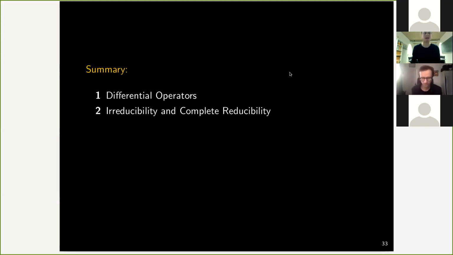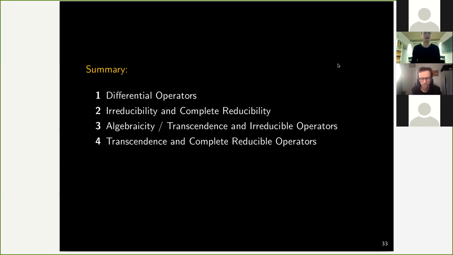So if you can write it as the least common left multiple of irreducible operators, and check for each operator in this representation whether its solutions are algebraic or transcendental. And then check whether the sum of the transcendental parts of your solution of the operator don't sum up to something algebraic.